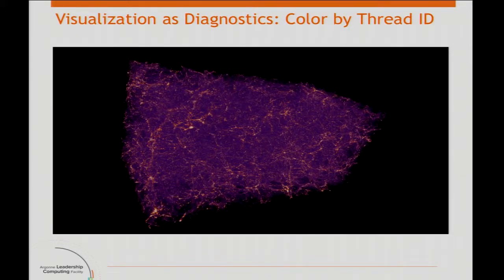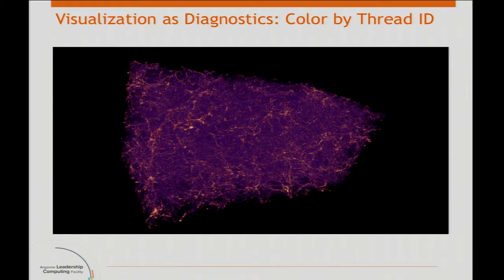But another way that we used visualization in this case was for doing some diagnostics. So here's a little chunk of this data where we're doing volume rendering, as I showed earlier, and we are coloring it by its density value, but we wanted to speed up this processing for the volume rendering, and so we were looking at adding threads to it.